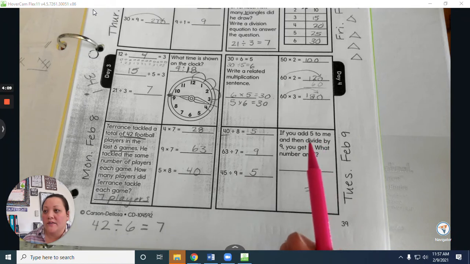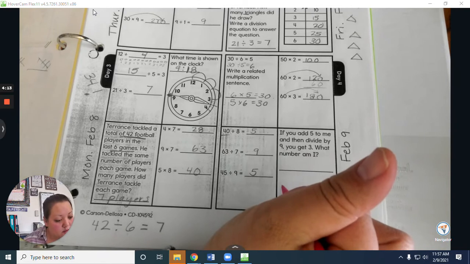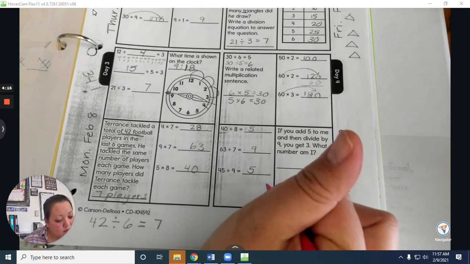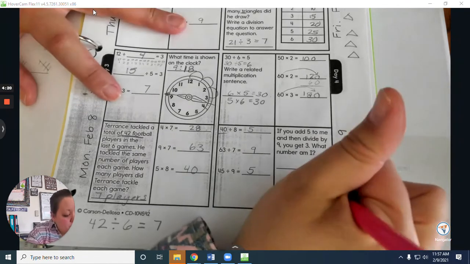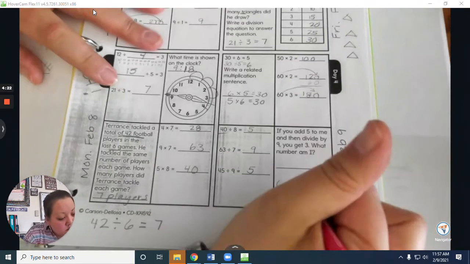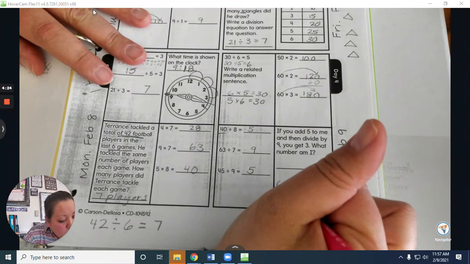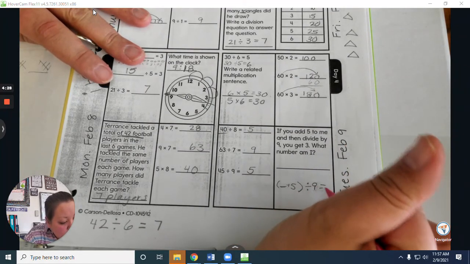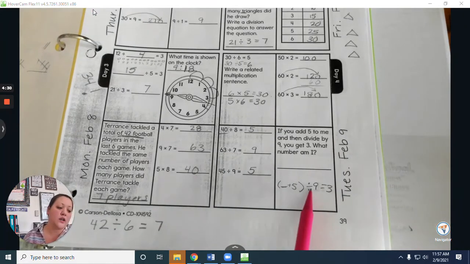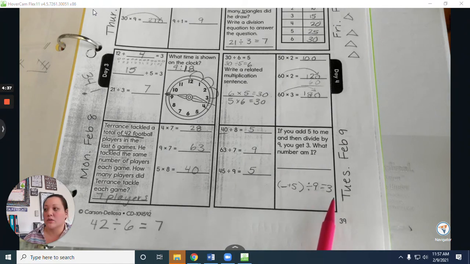If you add 5 to me and then divide by 9, okay, something plus 5, and then divide by 9 equals 3. Okay, so what do I know? Something divided by 9 equals 3.